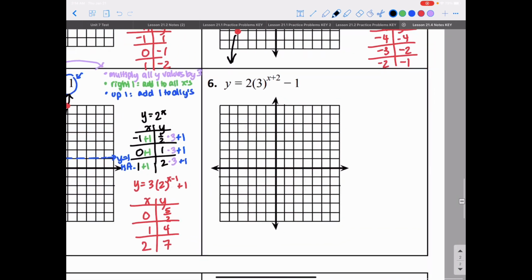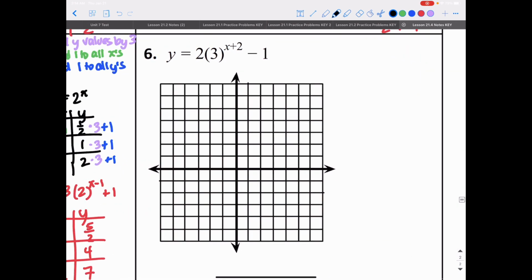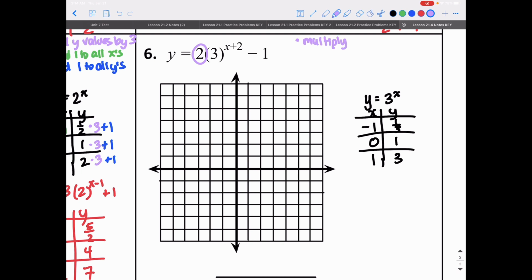And then for number 6, what you should have seen is 3 transformations here. Your base is different, so you need a new parent function table, which is 3 to the x power. So I'm going to use negative 1, 0, and 1 again, but I'm going to have 1/3, 1, and 3. And then I know that this coefficient means multiply all y's by 2.